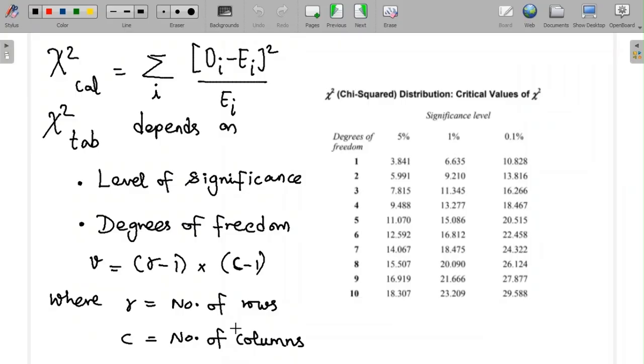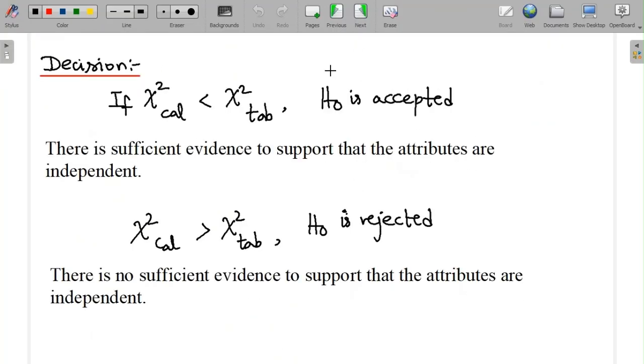Based on the level of significance, there are tabulated values available, shown on the right corner of the screen. As usual, we compare the calculated value with the tabulated value, and we accept H naught if chi-squared calculated is less than the critical value, and we reject H naught if chi-squared calculated is greater than the critical value. And we correspondingly interpret the conclusion based on the problem statement.